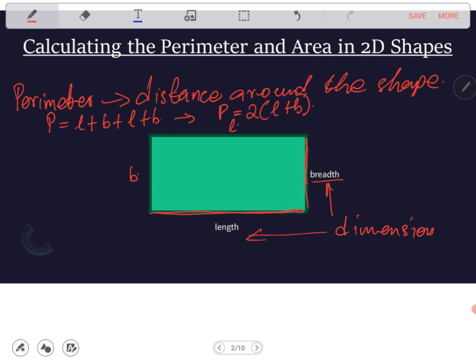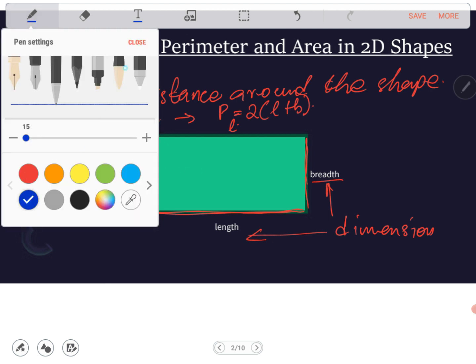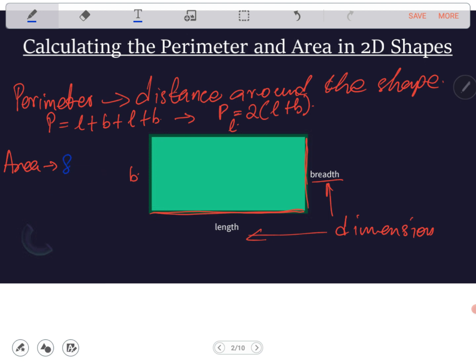Okay. Next we want to talk about the area. Area is basically the space inside the shape.